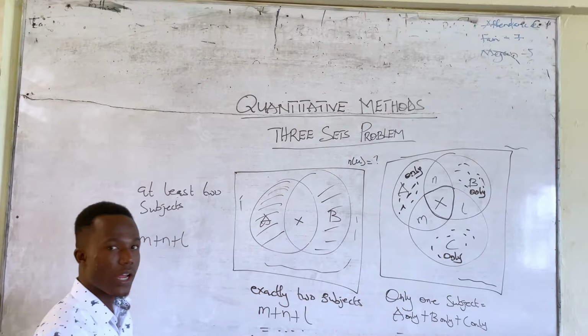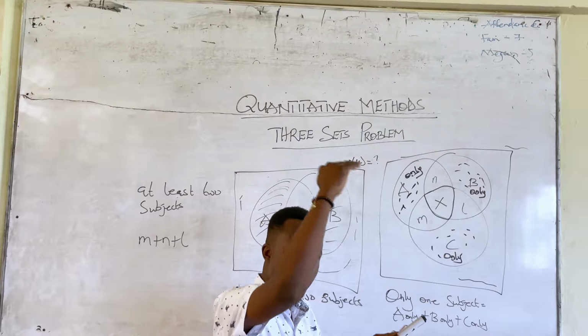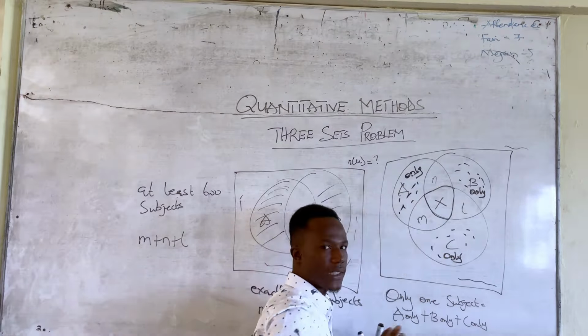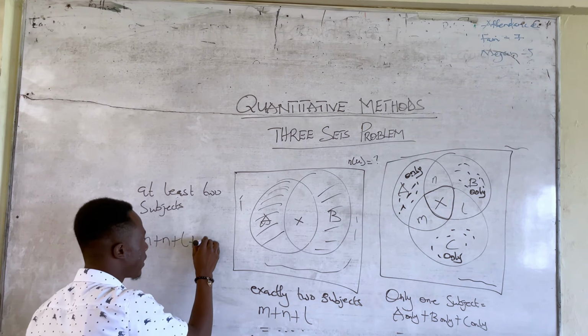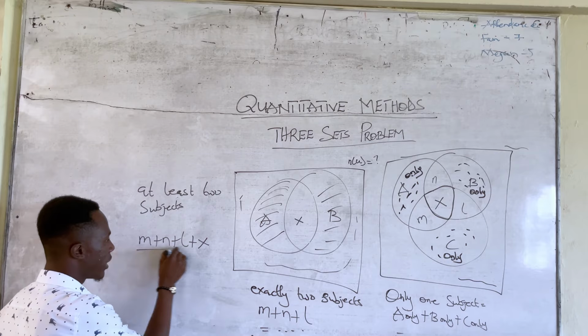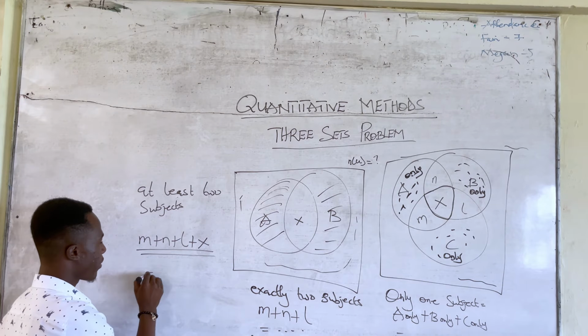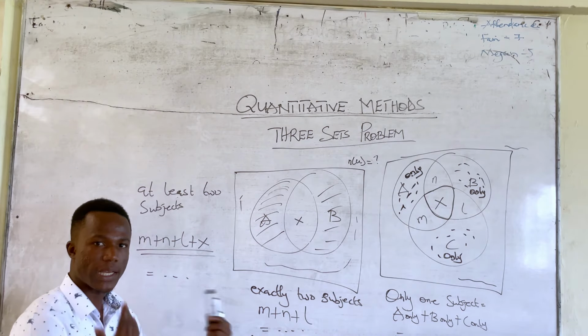Okay. We are not done because we have three. So we are moving from two, three, four going up, right? So we are done with the two. The one is not counted. Okay. So now we come to three. So we say plus X. And so when you get here, you are done. Okay. You add the numbers and you arrive at the answer. And so this one becomes at least two subjects.